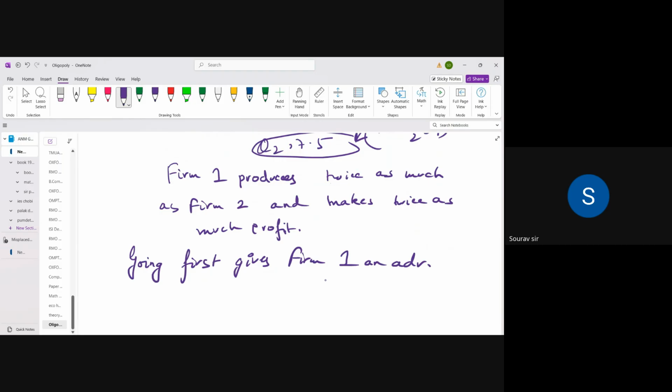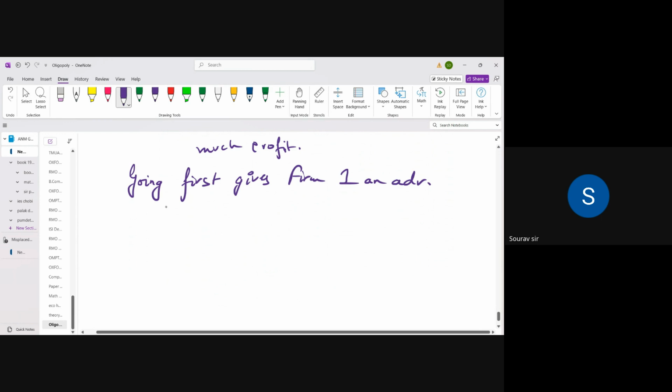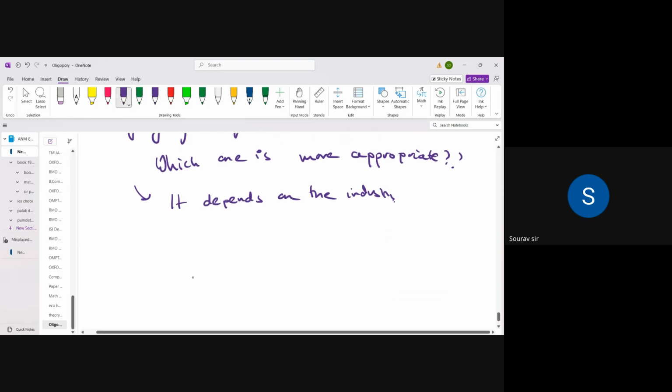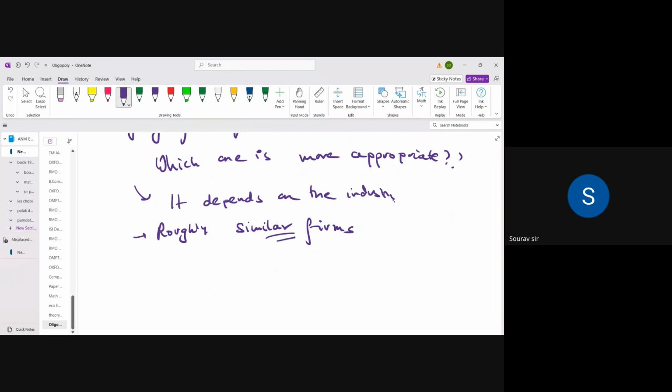If the industry is composed of roughly similar firms, none of which has a strong operating advantage, then obviously the Cournot model will be favored, since no one takes the first mover advantage.